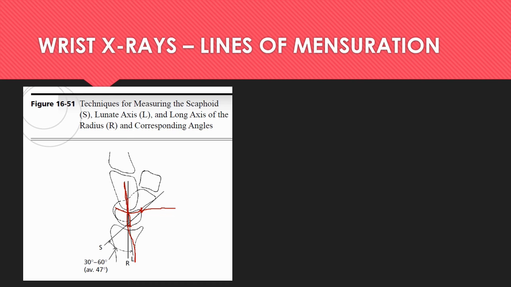Once you have your lunate line drawn, you can then draw in your radius line and your scaphoid line, and you'll have your measurements. So the radial line is simply a line up the axis of the radius bone, extending through the lunate bone and forming this angle here, the radiolunate angle, and you can see that that's a small angle.